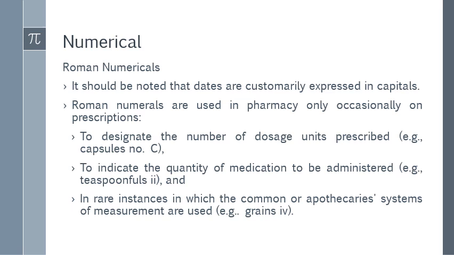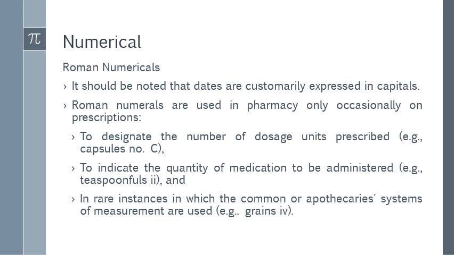The use of Roman numerals in pharmacy is occasional. They can be used to designate the number of dosage units prescribed, like capsules number C represents 100 capsules, so rather than writing 100, we can write capsule number C. They can be used to indicate the quantity of medication to be administered, for example, teaspoons full II, representing 2 teaspoons full.